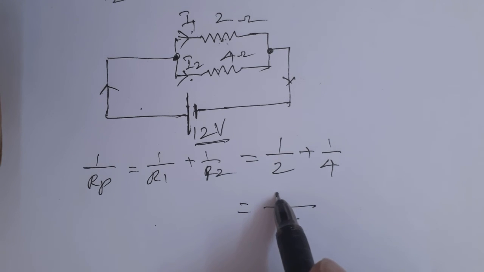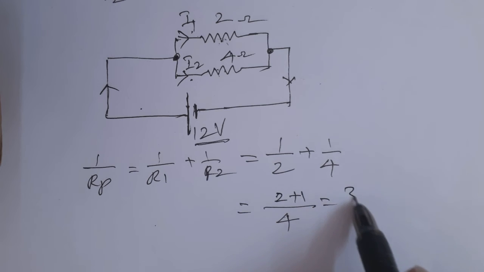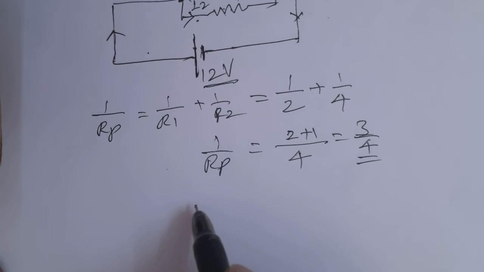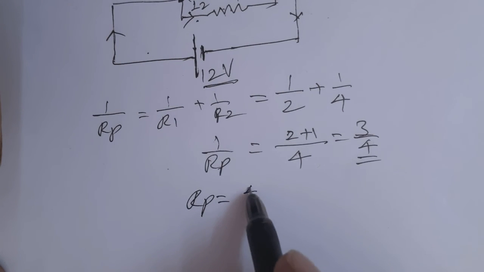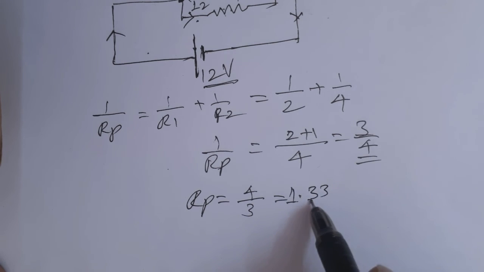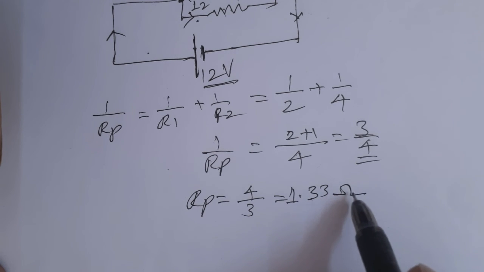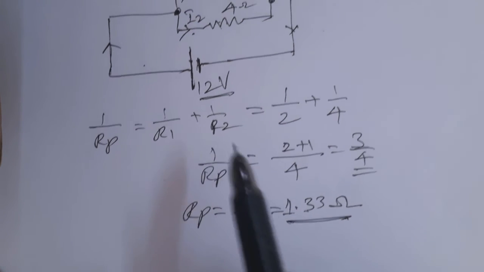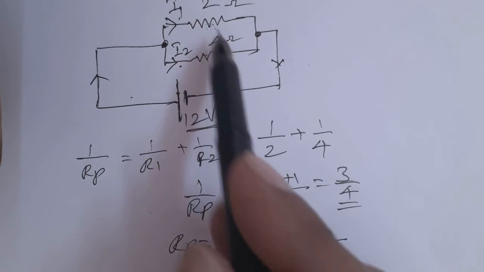This is 2 plus 1 equal to 3 by 4. 1 by Rp equal to 3 by 4. So Rp equal to 4 by 3 equal to 1.33. So 1.33 ohm is the total resistance offered by these two resistors when connected in parallel.